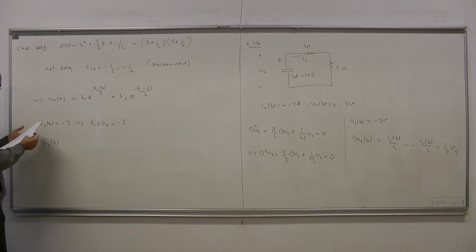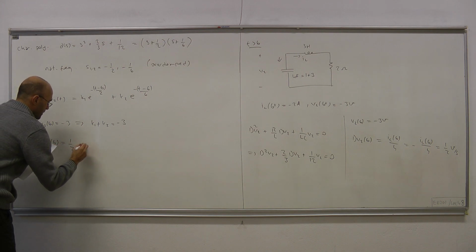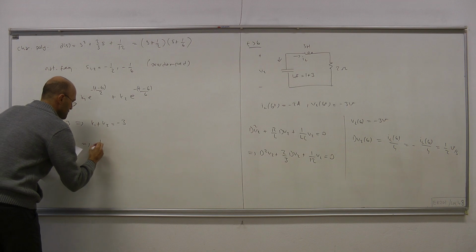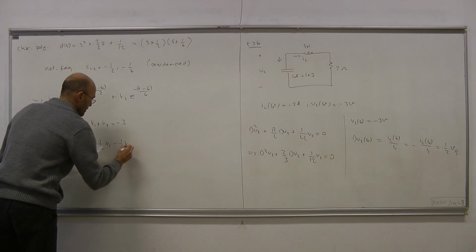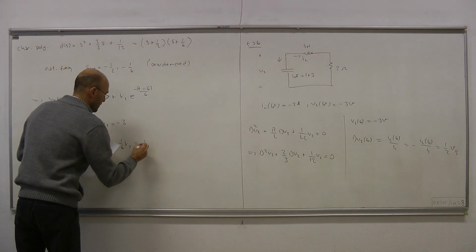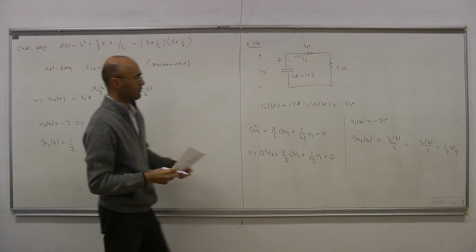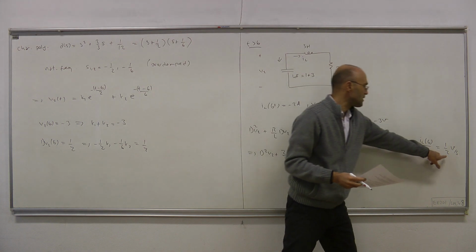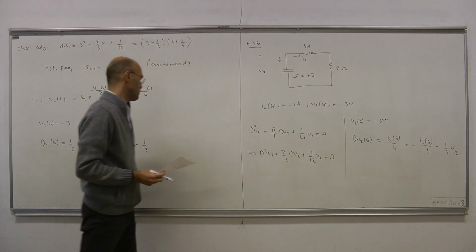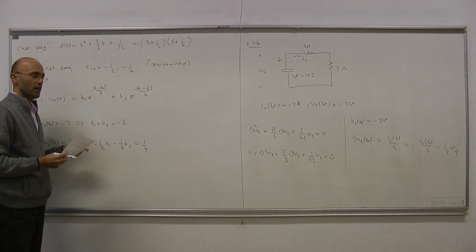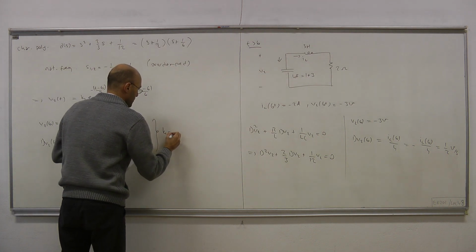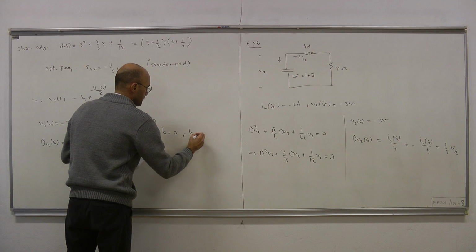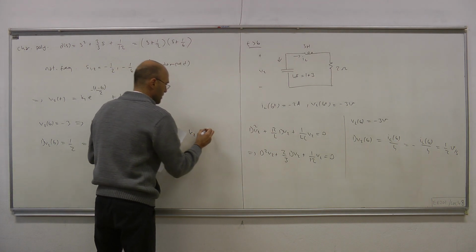In that case, you obtain minus 1/2 K1 minus 1/6 K2. That must equal dV2 at 6, which is 1/2 volt per second. Two equations, two unknowns, from which we obtain K1 must be 0 and K2 must be minus 3.